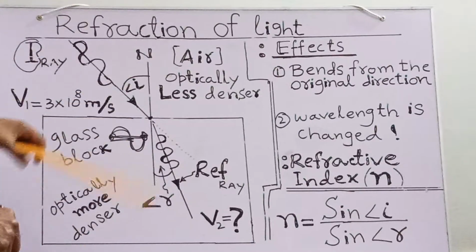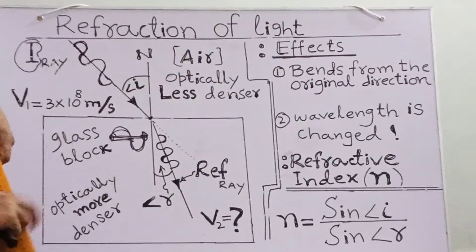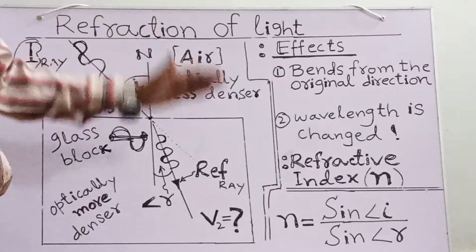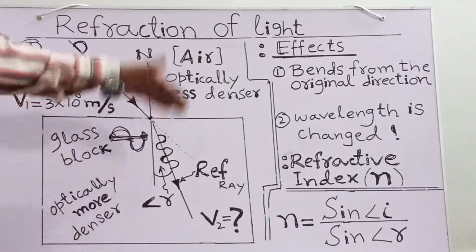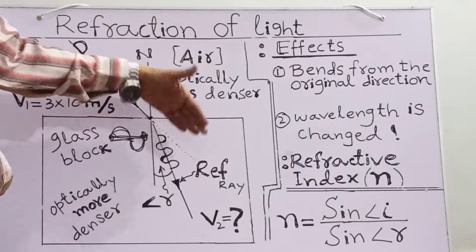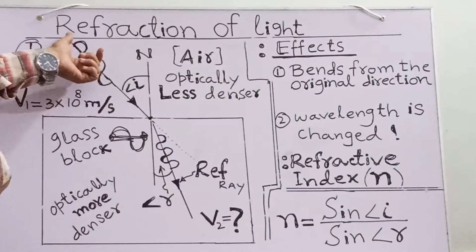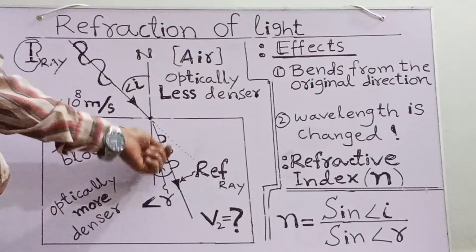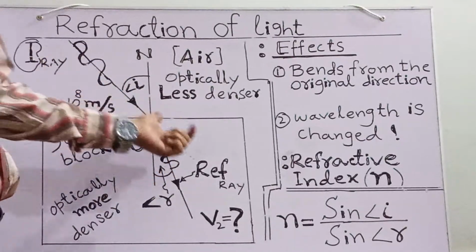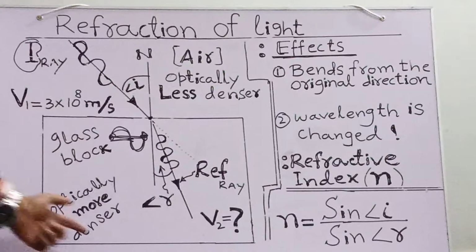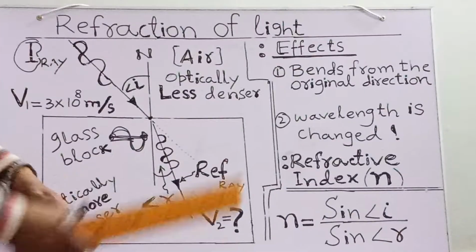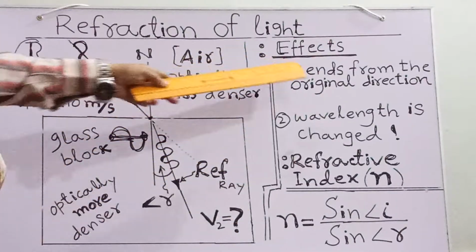Hence, the phenomenon of refraction is defined as: when the light travels from one medium into another medium, it bends from the original direction of propagation, and the wavelength of light is reduced, and the speed of light is also decreased. This phenomenon is called refraction of light, and the same thing is written over here.